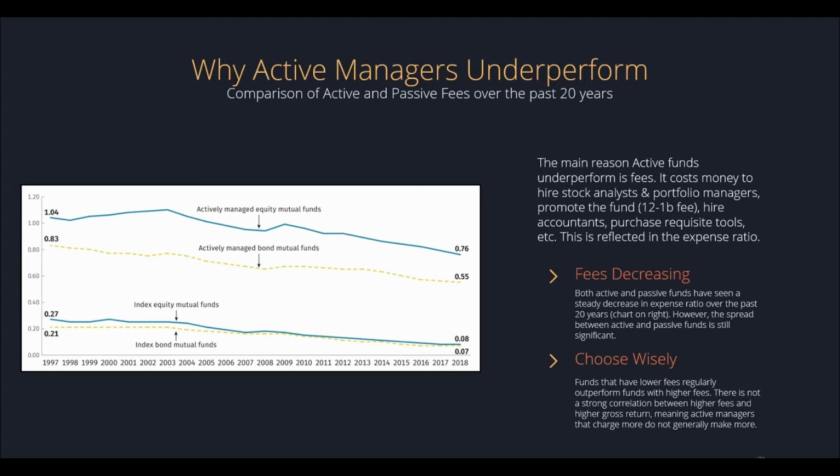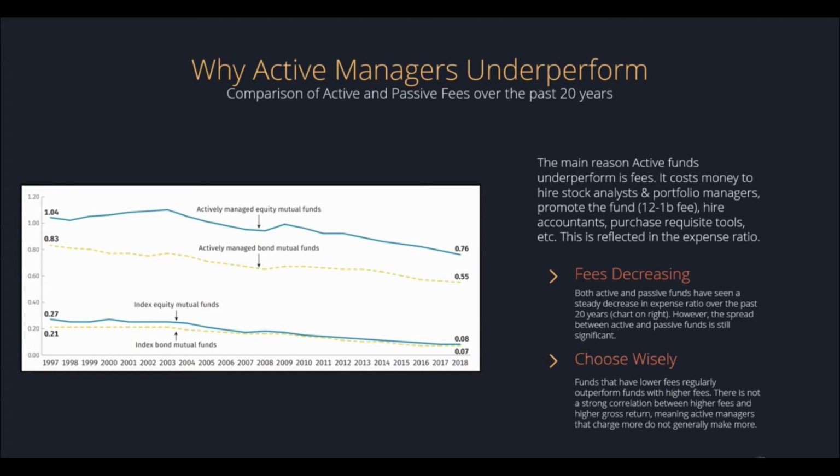So hopefully that puts into perspective here. These guys are dealing with a lot of additional fees that passive investors don't have to deal with because they're not out there trying to pick the best stocks. They don't have to do all this crazy research that you might see, for example, a hedge fund do.